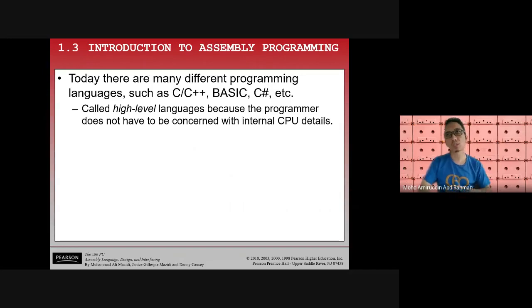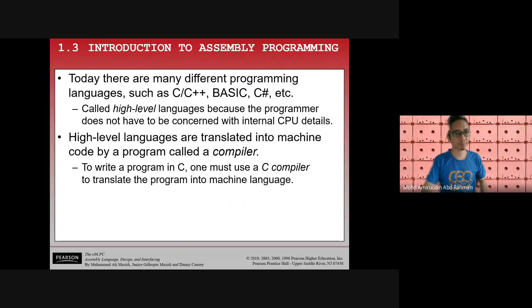The assembly language is low level because it is used for giving instructions to the CPU. Other languages are only on the software level. That's the difference between high-level and low-level languages.